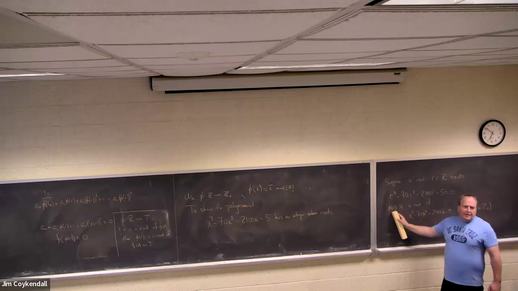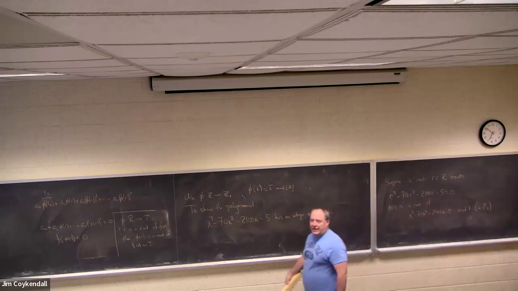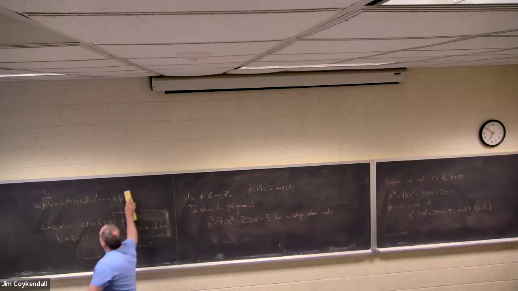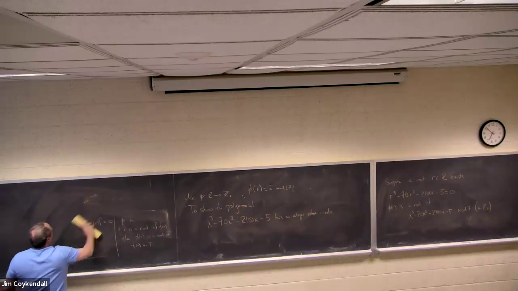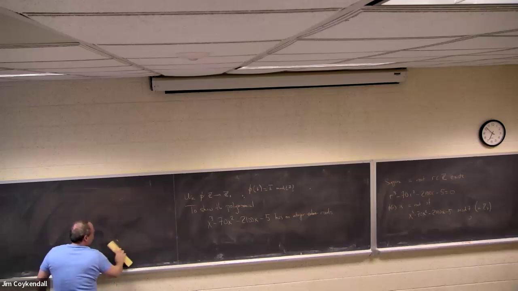So whatever this root is, maybe it's 26, phi of r, which mod 7 would be, I guess, 5, should be a root of this, mod 7. And that is much easier to check because there are only finitely many things.